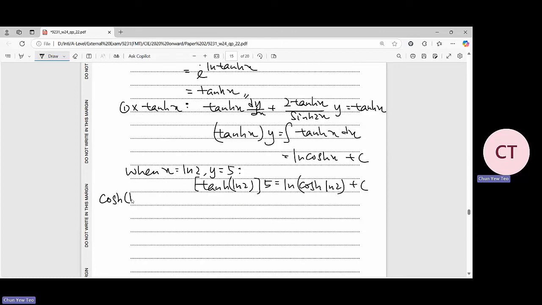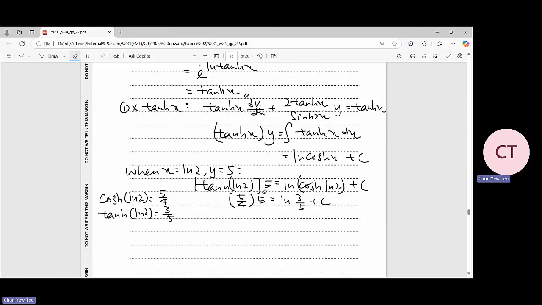Cos ln 2, using the calculator, you get 5 over 4. Tan ln 2, using the calculator, it will give you 3 over 5. So we just put a remark here. So this one, you will get 5 over 4 times 5 is equal to ln 3 over 5 plus c.